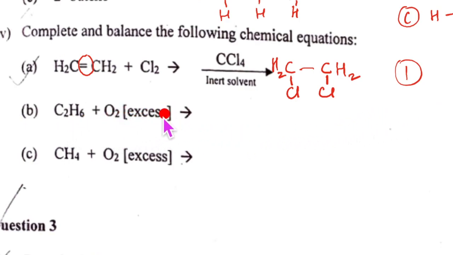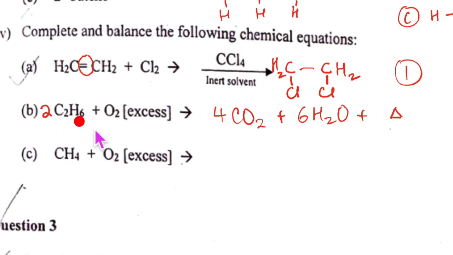C2H6 with excess oxygen, which means carbon becomes CO2 and hydrogen becomes H2O. And plus it will liberate heat. Now in order to balance this, the hydrogen becomes 6 here, so 2C2H6 means there will be 4C here, and that will give us 8 and 6, 14, so you will have 7O2.